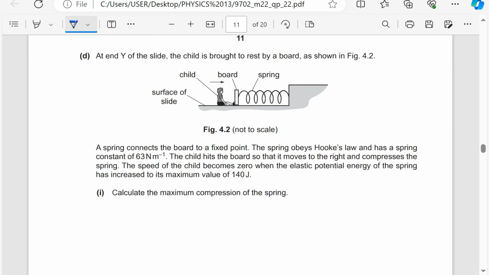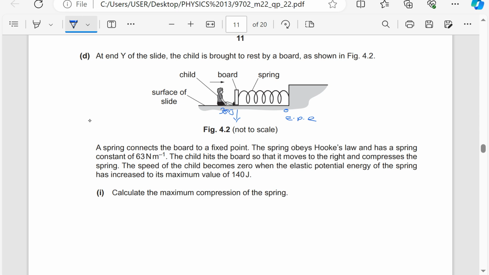At the end Y of the slide, the child is brought to rest by a board, as shown in the figure. So it means he reaches the board with kinetic energy of 300 joules. And then this kinetic energy decreases. At this point here, kinetic energy becomes zero. That means the child now gains elastic potential energy.